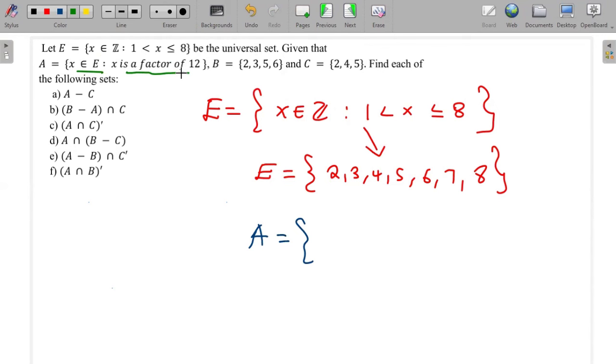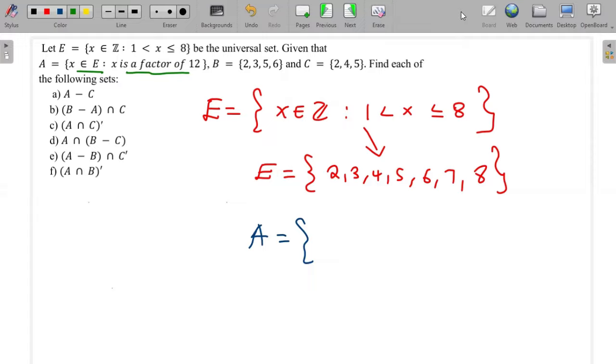So what is a factor? When they say x is a factor of 12, what do they mean? Anyone? Or when they say a number is a factor of another number, what do they mean? That simply means that number can go into 12 without leaving a remainder.